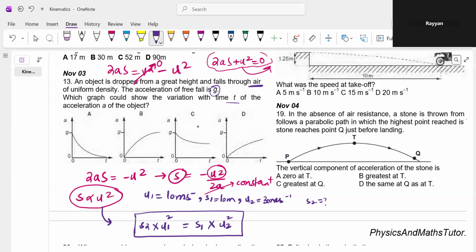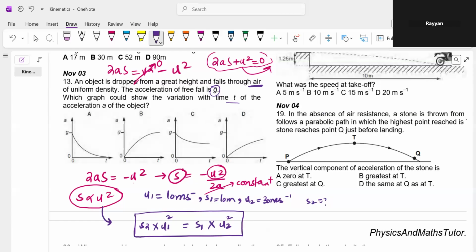They are saying through air of uniform density. They are not saying negligible air resistance. It is not mentioned in the question. If they mention negligible air resistance, then you can say that acceleration will increase.